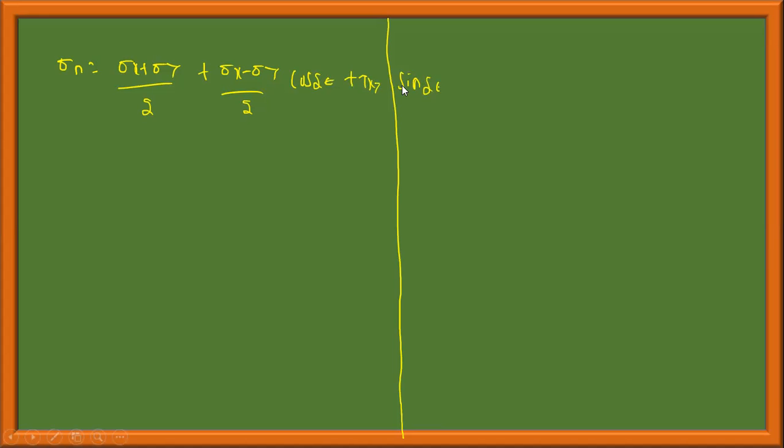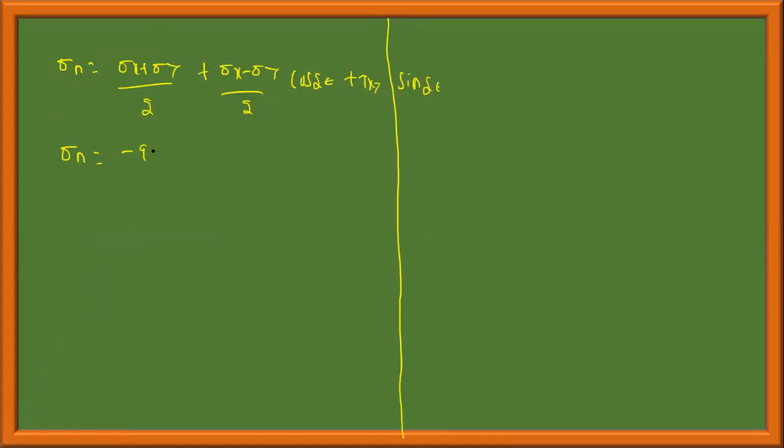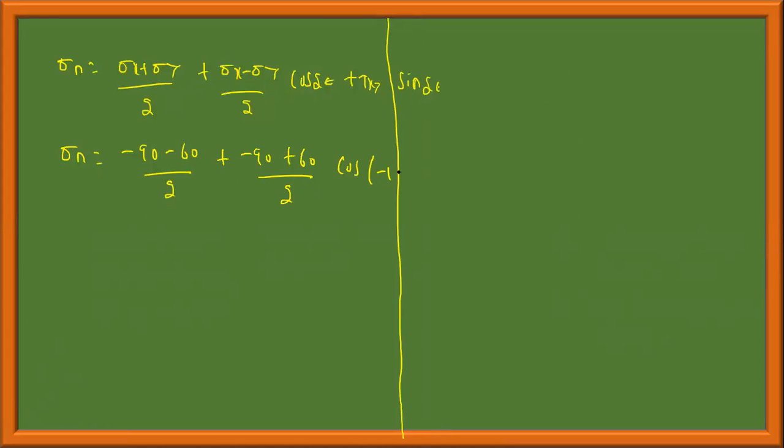Or I can write sigma n equals, all are negative, minus 90 minus 60 by 2 plus minus 90 plus 60 by 2 cos 2 theta, theta is negative, minus 60 cos minus 120, minus 60 sin minus 120.